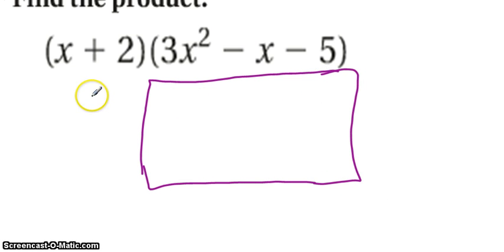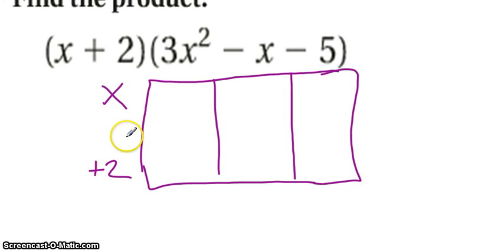And I'm going to go ahead and put the x plus 2 on the side. And then you're going to have a 3 by 2 box with 6 squares.